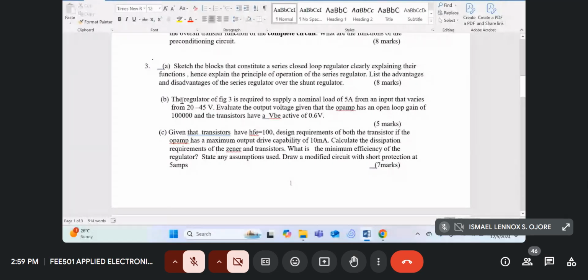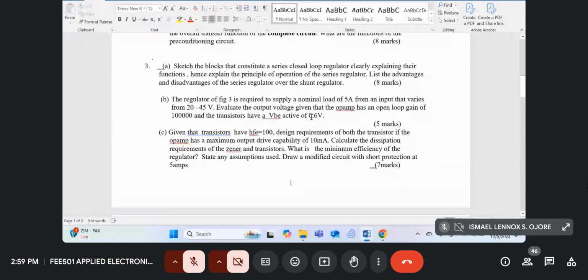Then part B, the regulator of figure 3 is required to supply a nominal load current of 5 amps from an input that varies from 20 to 45 volts. Evaluate the output voltage given that the op-amp has an open loop gain of 100,000 and the transistors have a VBE of 0.6 volts.